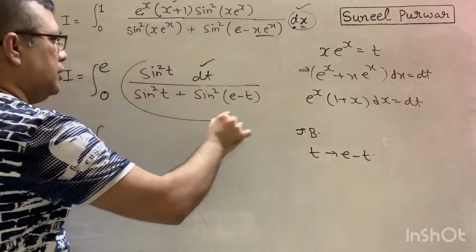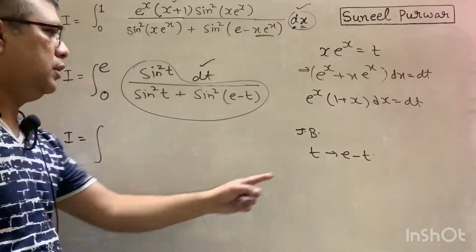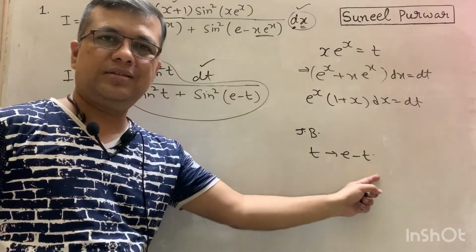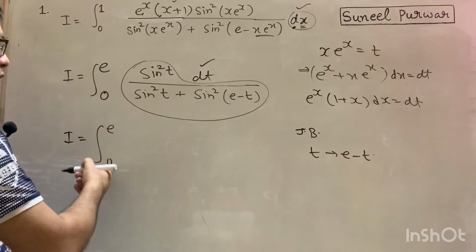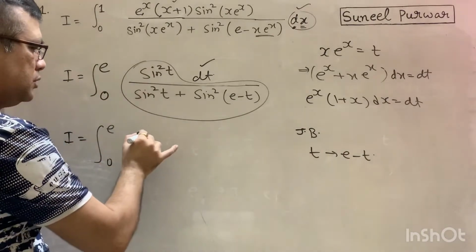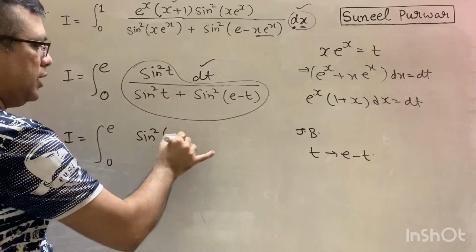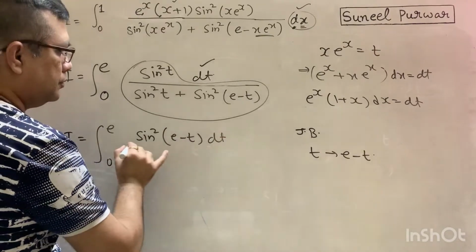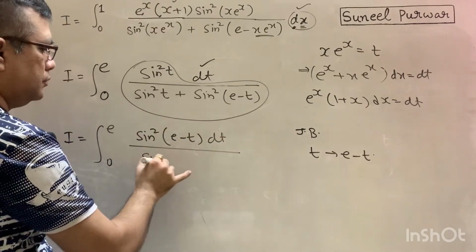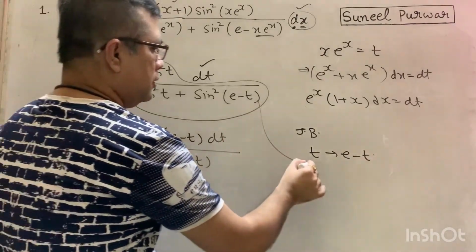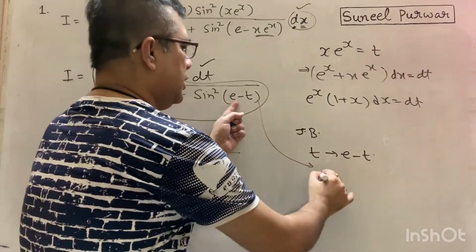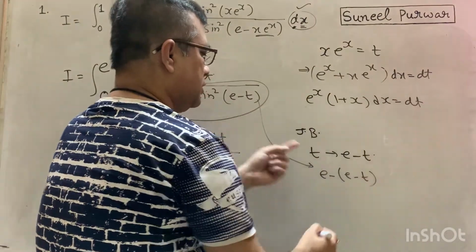So this is your integrand. Everywhere in the integrand you replace t by e minus t. So you get I equal to the same limits 0 to e, and this becomes sin² of (e − t) dt upon sin² of (e − (e − t)). If you make the substitution there, what is left? t.